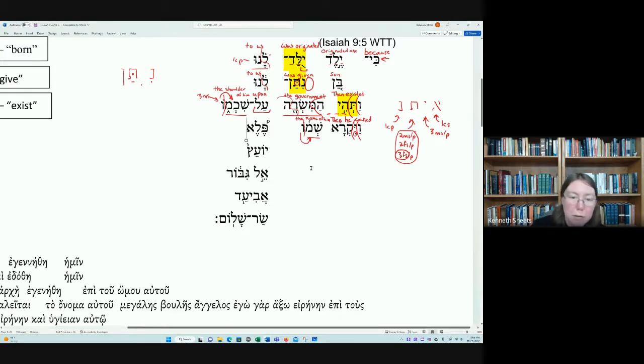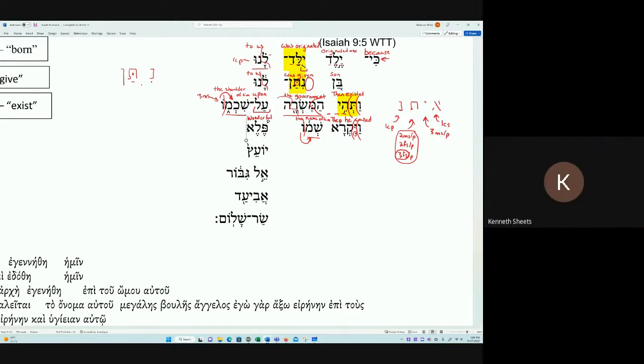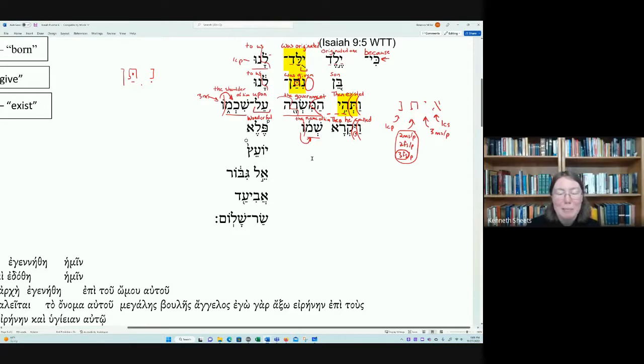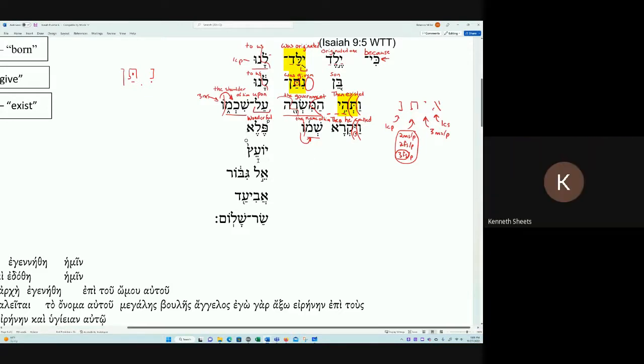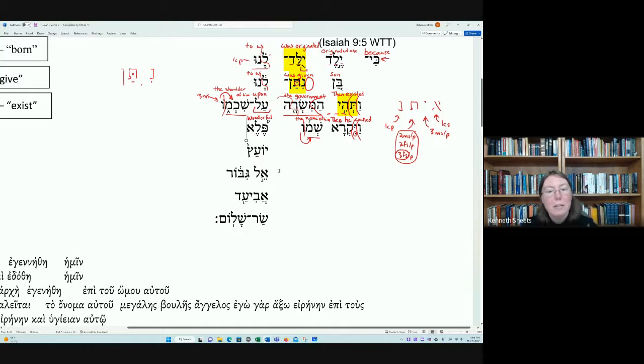So Pele, which is basically this idea of wonderful. And then we also have yoetz. This is actually a participle form here, but basically the idea of a counselor.